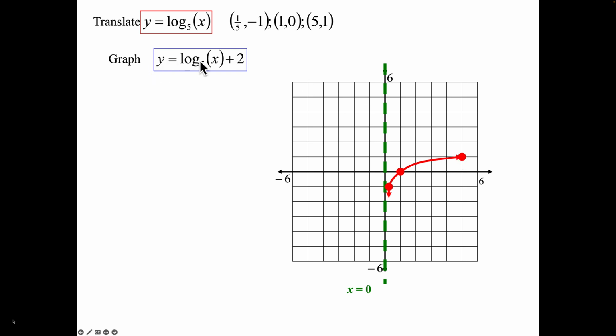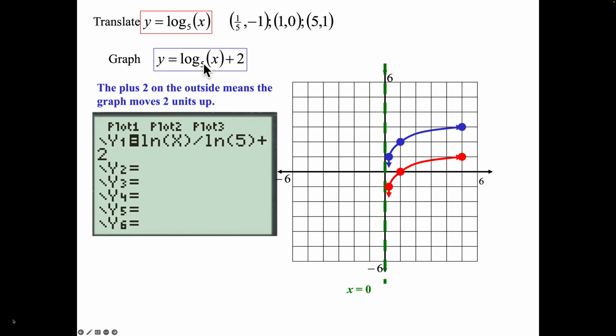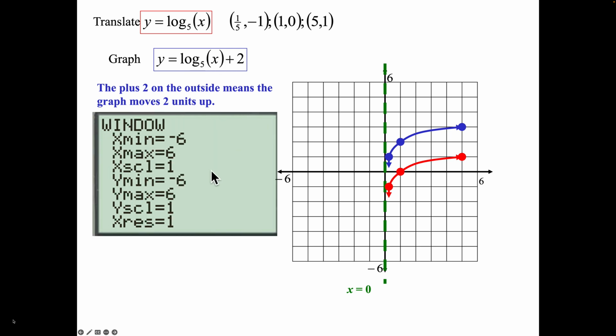If I want to do y equals log base 5 of x plus 2, that tells me to shift all these points up 2, and there's my graph. What I want to point out here is that these can now be done in the calculator. Here is the base change formula, natural log of x divided by the natural log of the base 5, then add 2.